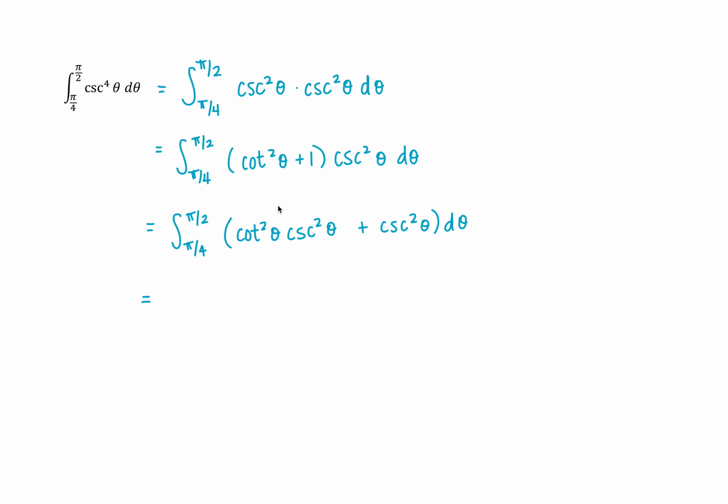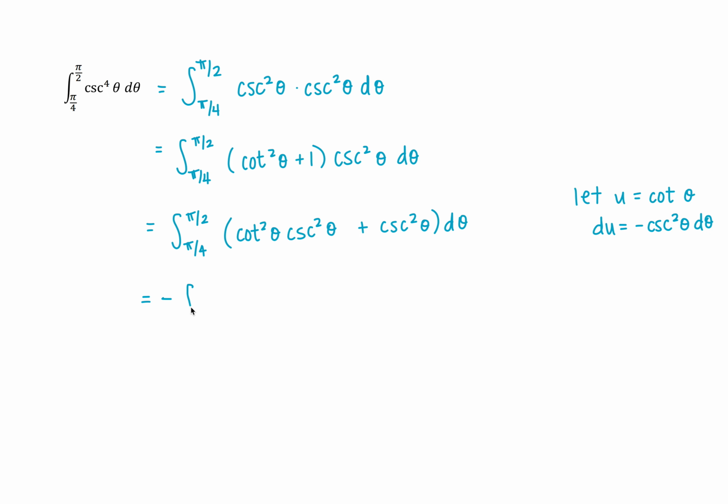So for the first part, I'm going to let u equal cotangent theta, then du is equal to negative cosecant squared theta d theta. So the only thing I'm missing is a negative. I can introduce that just by putting a negative in front.